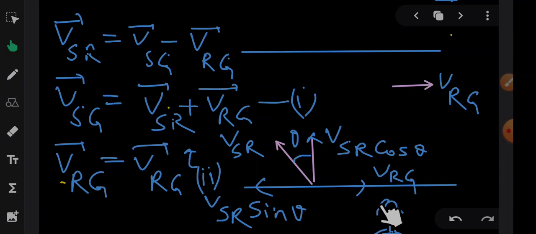The observer is here. So what will he observe? He will observe that the velocity with which the swimmer is moving is the vector sum of the velocity of the swimmer with respect to river and the velocity of the river.